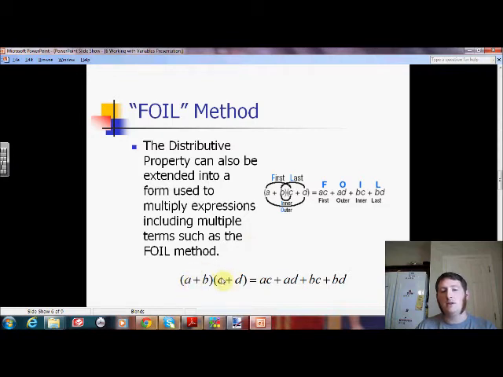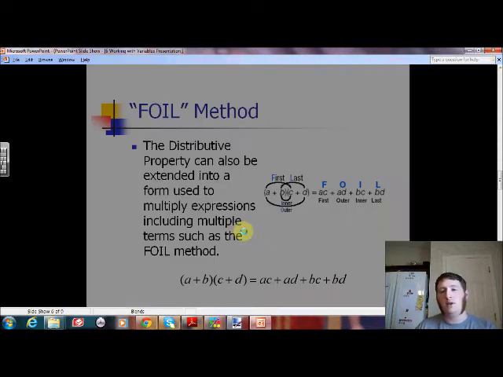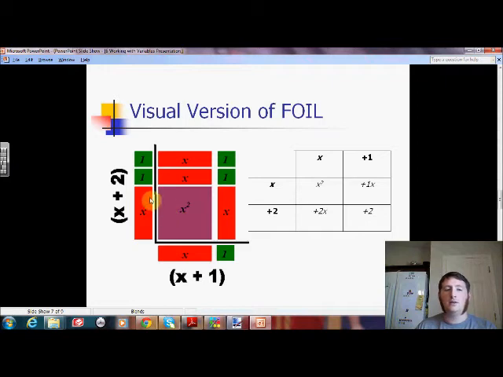You distribute A to C and D, and that's your F and your O, first, outer. And then you distribute the B to C and D, and that's your inner and your last. So really the FOIL method is just a mnemonic for remembering how to distribute correctly when there are these two pieces. And so I tried to set up another visual version of this. Here's x plus 2, x plus 1.